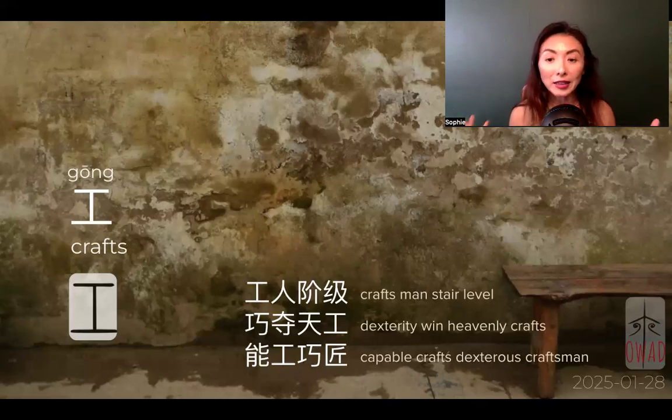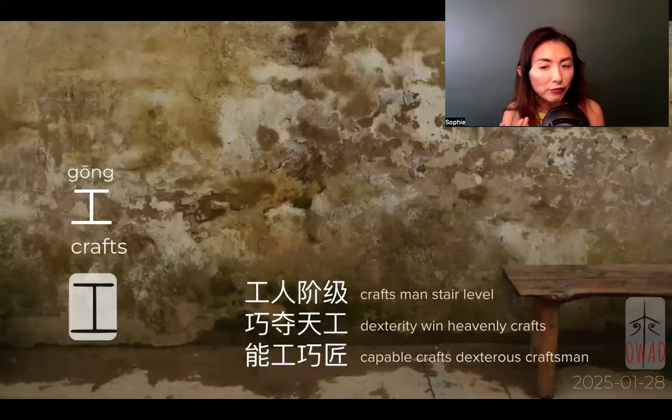Okay, so 能 and 巧. Here we use capable to describe the engineer, and dexterous to describe a craftsman. The craftsman refines his hand and micro muscle control to be finely sensitive to the material he's using, whether wood, clay or metal. The craftsmanship shows in the fine details. We use dexterous because the hand is essential in handling something.